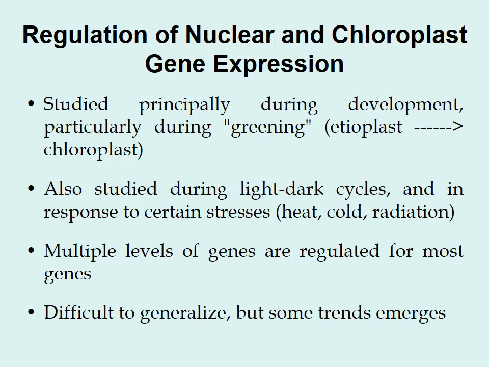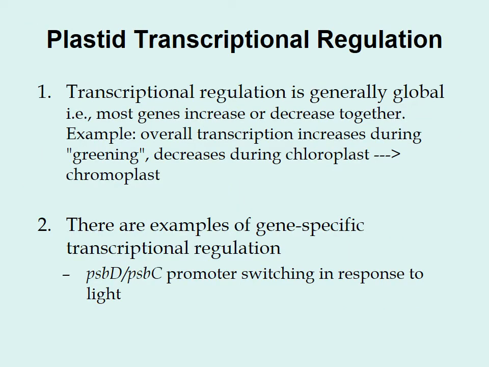This can take place in response to certain stress factors as well, such as high temperature, low temperature, radiation stress, etc. All these, the light-dark cycle or the heat, cold or radiation stresses, have shown that multiple levels of genes are regulated for most of the genes involved in the development of the photosynthetic machinery. Yes, this is difficult to generalize, but there is some trend in the expression of these genes.